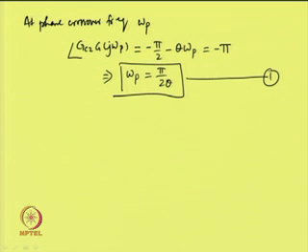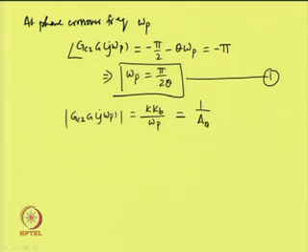Similarly, at the same phase crossover frequency, the magnitude of the loop gain GC2 G(j omega p) is equal to K Kb by omega p, which is nothing but the inverse of the gain margin, equal to 1 upon Am. This is by definition; the definition of gain margin for the loop gain gives us this expression.